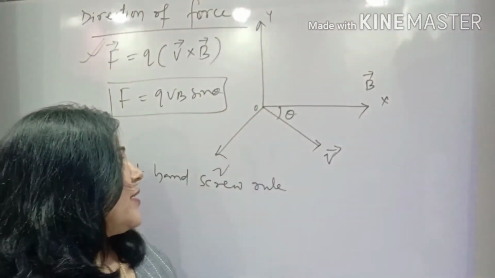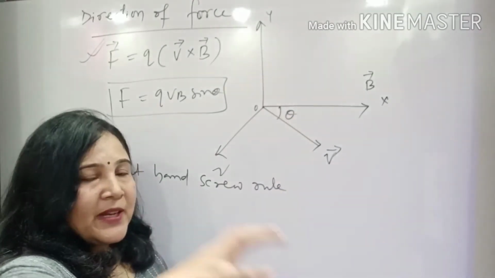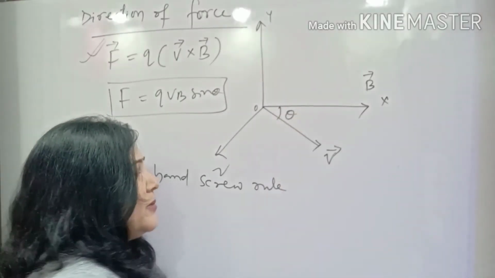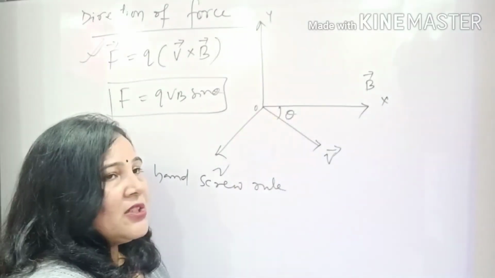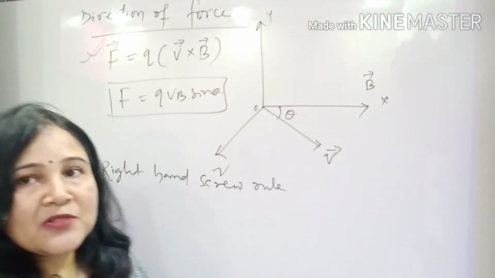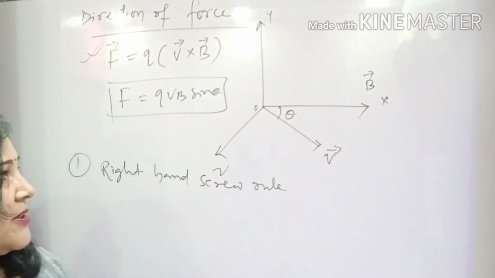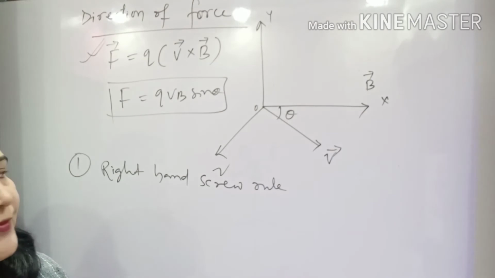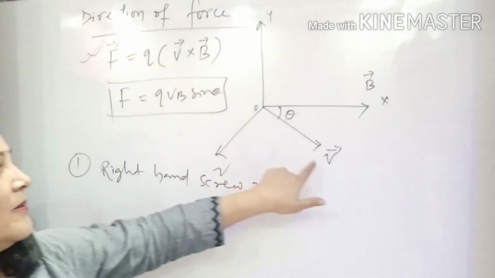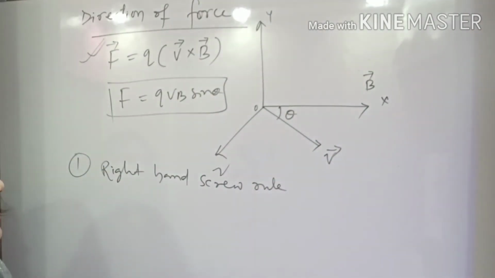If you hold a right handed screw on the plane containing V and B, and turn your screw from the first vector to the second vector, first vector is V, second vector is B, then the direction in which the screw advances will be the direction of the force. So this force will always be perpendicular to the plane containing V and B. Okay. So this is the right hand screw rule.